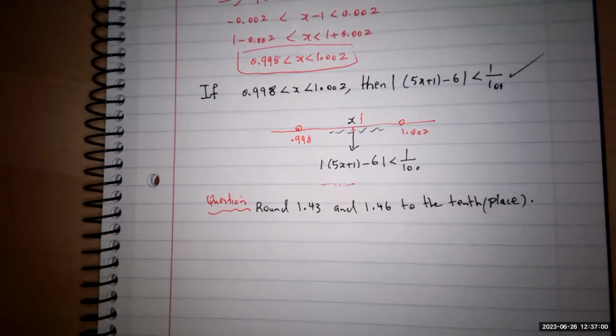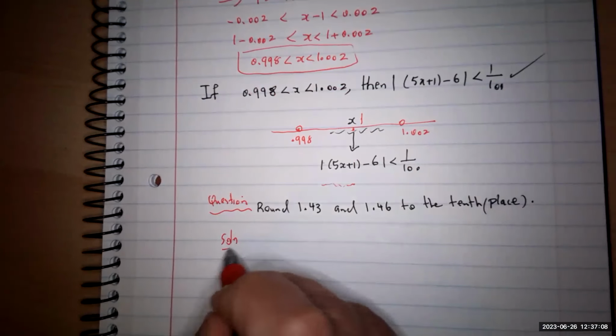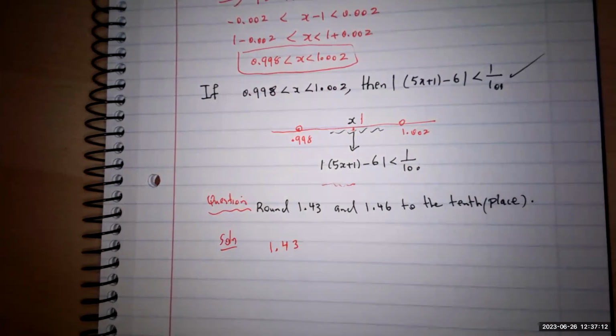It's good to know, it gives you a better understanding here. Who wants to try? 1.43. If you round it to the 10th place, what's going to be the answer? Yes, 1.4. You are right.